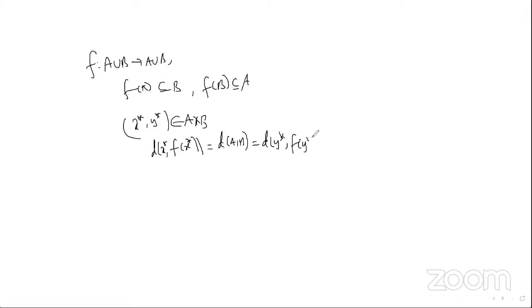That means there exist x star, y star such that the distance from x star to F of x star is the same as the gap between A and B, which is the same as the distance from y star to F of y star. So if F satisfies all the conditions, then we get x star here, F of x star here, and similarly y star here, F of y star here.